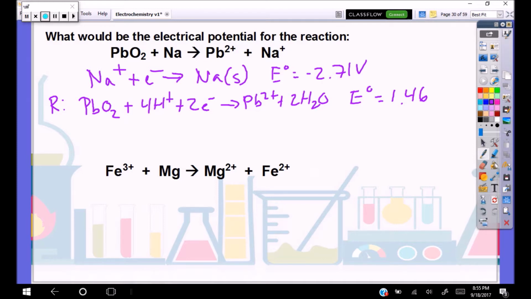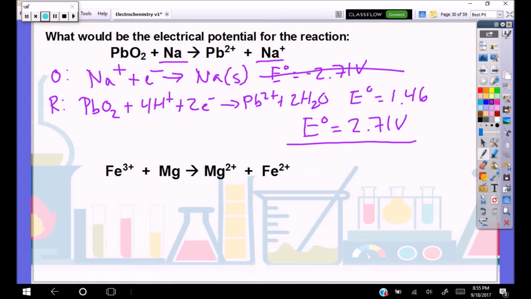And I know that on this side, I am becoming oxidized because I'm losing electrons and becoming positive. I'll switch my oxidation. So my E becomes 2.71 volts, and I want to add it to 1.46. I should get a total of about 4.17 volts. It's a lot of volts. And you're done. I don't even need to balance the rest of this.